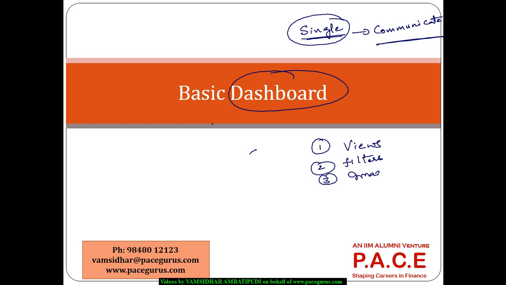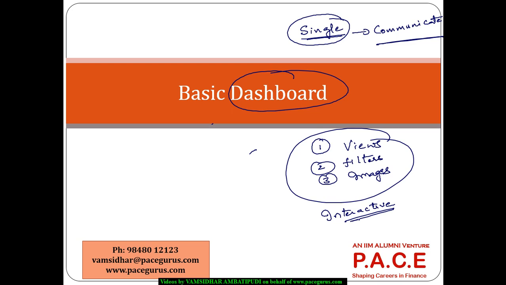There are so many other things that we use along with the charts and visualizations that we have created. And the final objective is to make it as interactive as possible for the end user so that they can explore different dimensions of the data. That is what we are referring to as a dashboard.